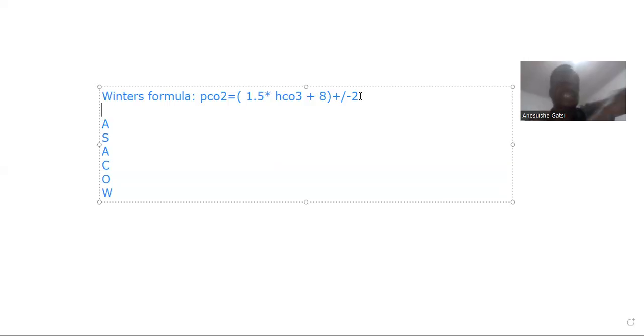Right. What are the signs and symptoms? These are going to be breathlessness, they can be lethargic, they can convulse, have tremors, and they can also die.